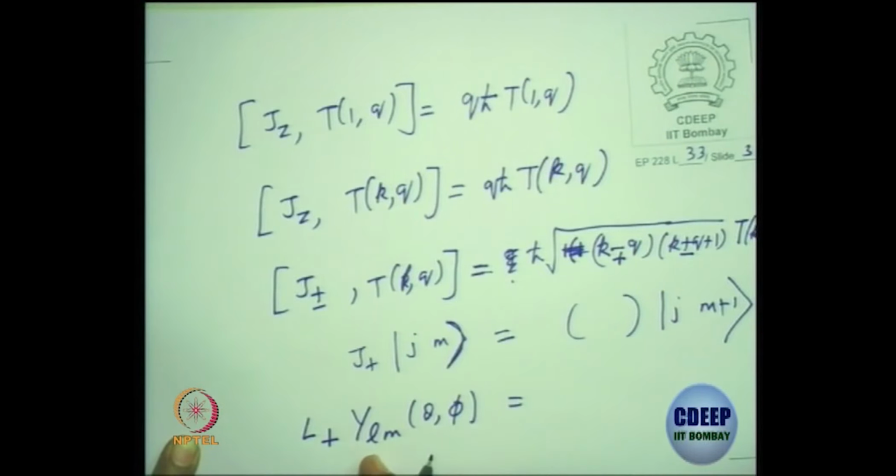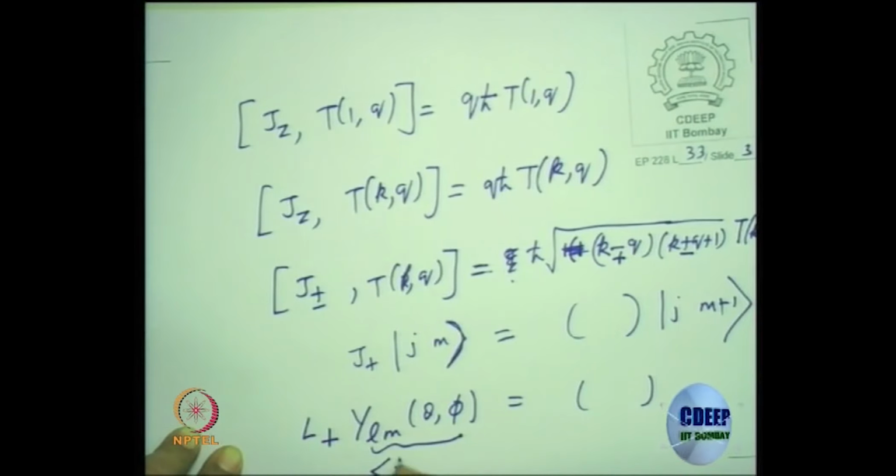Take L equal to 1, do the L plus and check what you get, what is expected. You can write the YLM theta phi as some unit vector whose direction is given by LM, and you can operate L plus. This unit vector gives you the direction, which will give you the theta and phi.